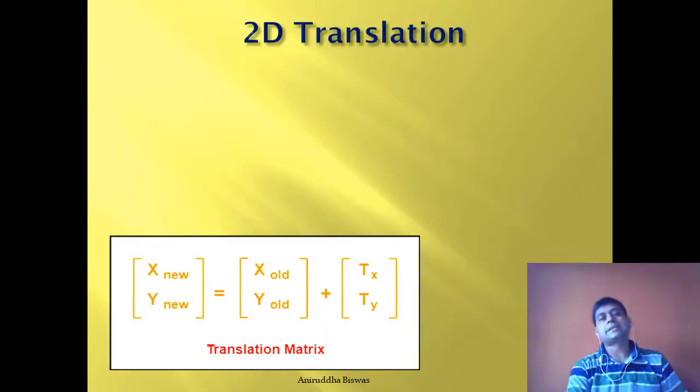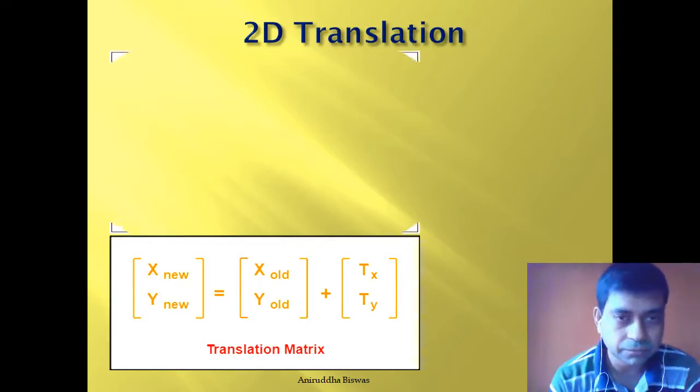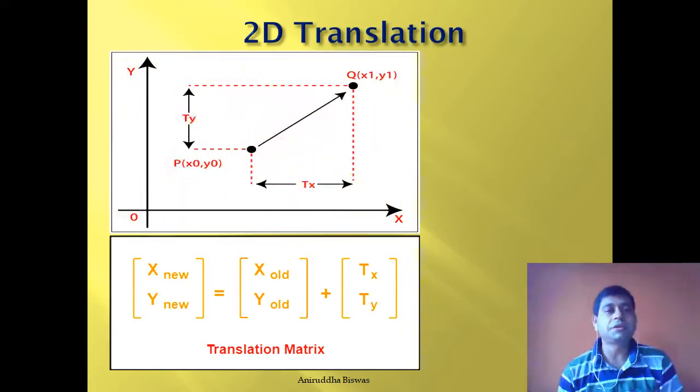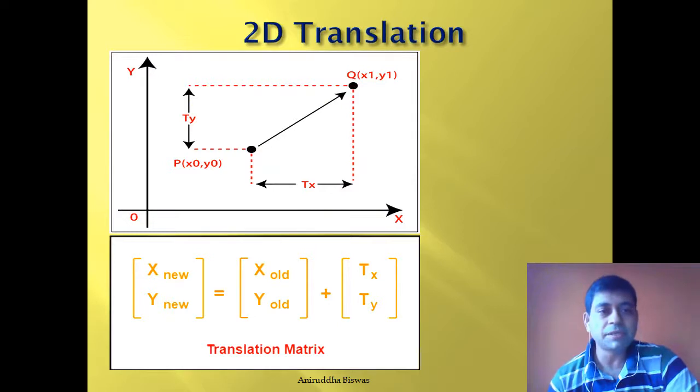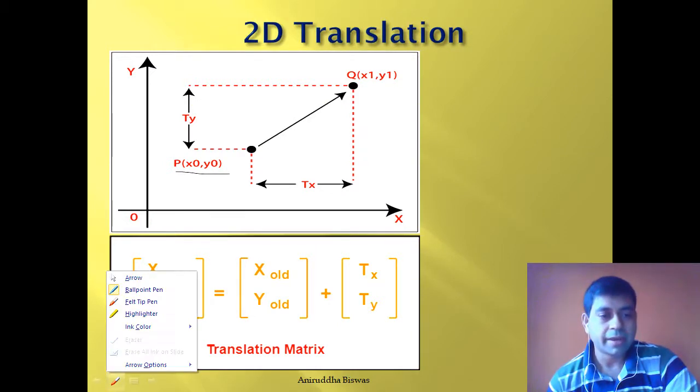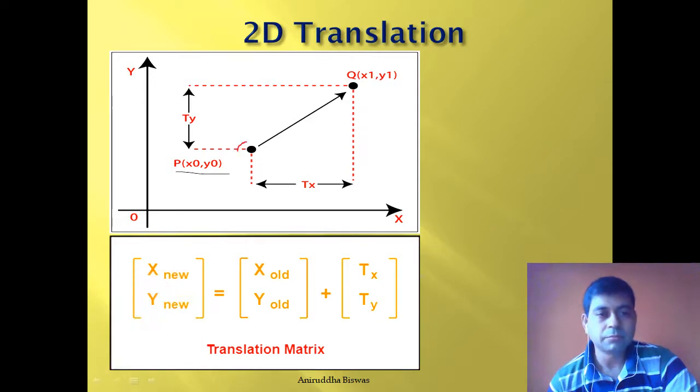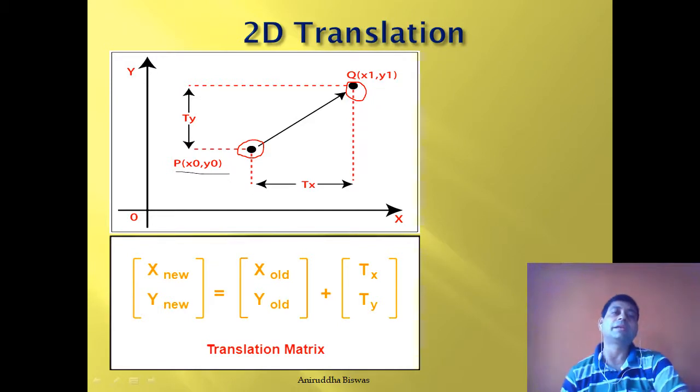Now let's discuss the 2D translation. Here let's say P is the first point, and from this particular point it is moving in this direction and it reaches Q. So what will be the coordinate of Q?